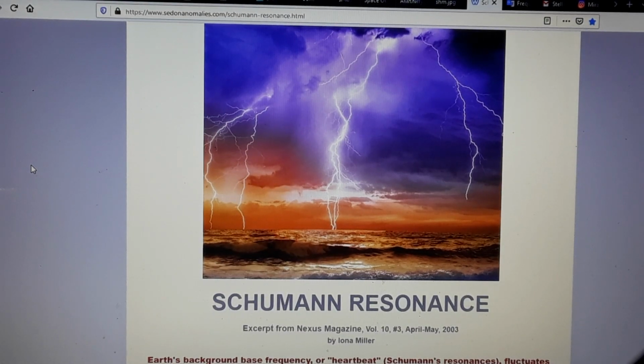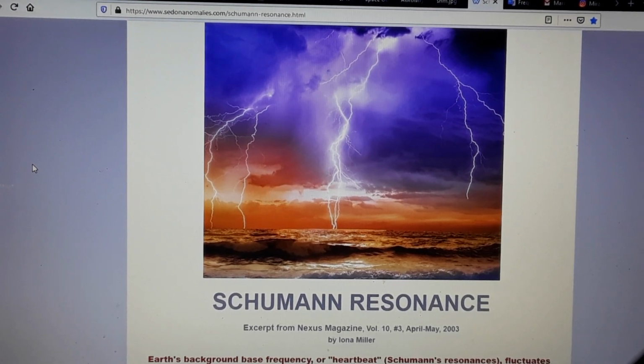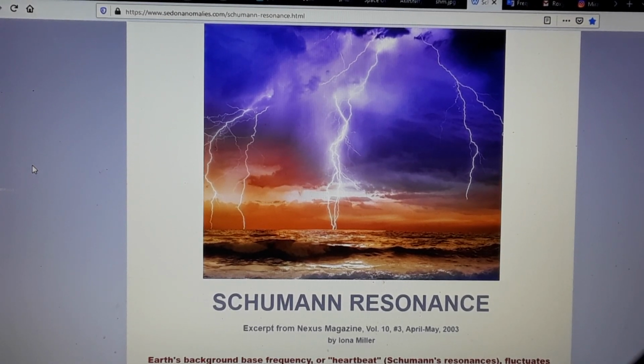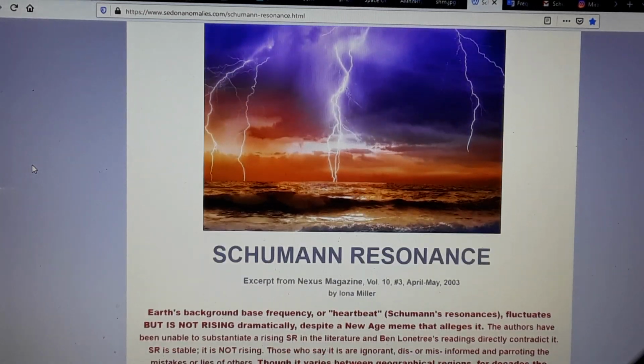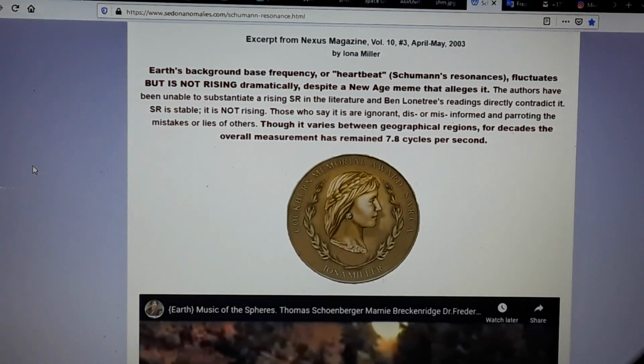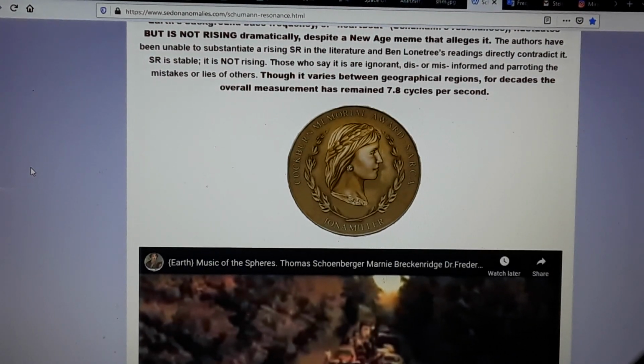That's the Schumann resonance. Earth's background base frequency or heartbeat. Schumann resonance fluctuates but is not rising dramatically, despite a New Age meme that alleges it. The authors have been unable to substantiate a rising SR, Schumann resonance, in the literature, and Ben Lonetree's readings directly contradict it.